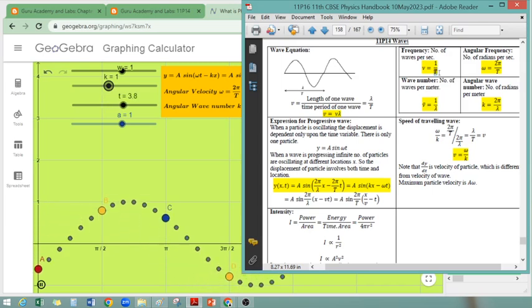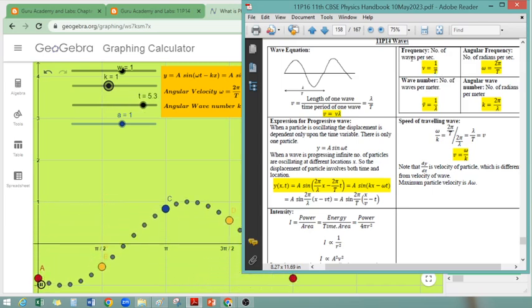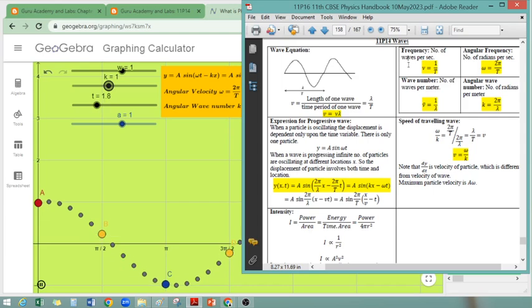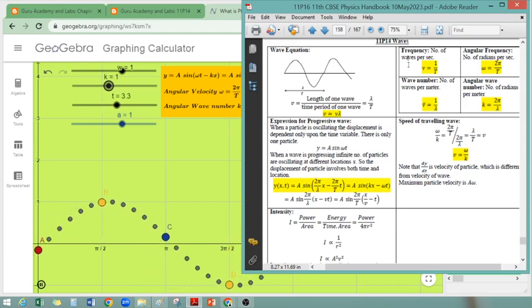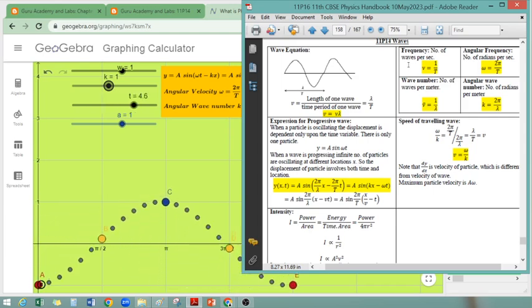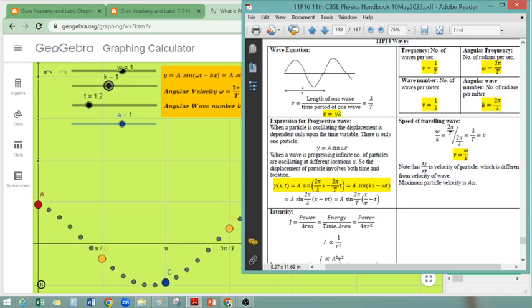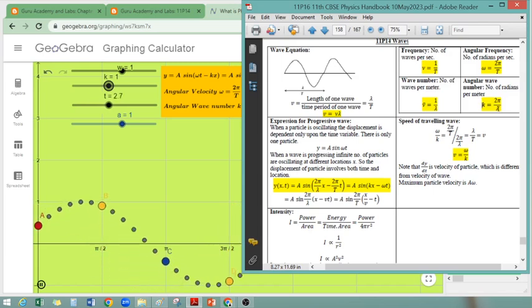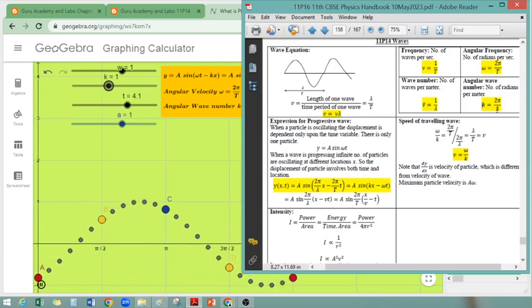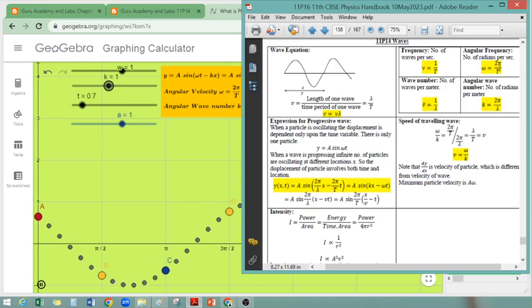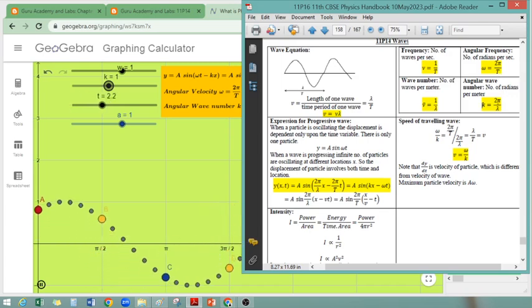Here, in one time period, how many waves, one full wave. An angular wave number will be 2 pi by lambda. Here you have 2 pi by T, which is radians per second. Here it is radians per meter.